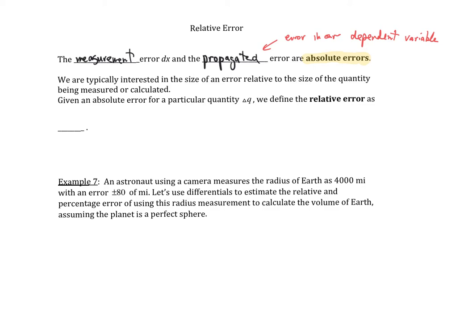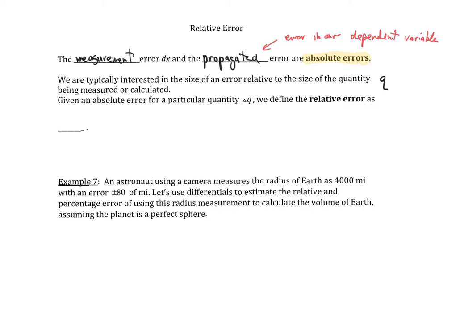So we are interested in the size of the error relative to the size of the quantity being measured or calculated. So why don't we give that quantity a letter? Let's call that quantity Q. If we're given an absolute error for a particular quantity Q, this is going to be delta Q, that's the amount of error, we can define the relative error as follows.